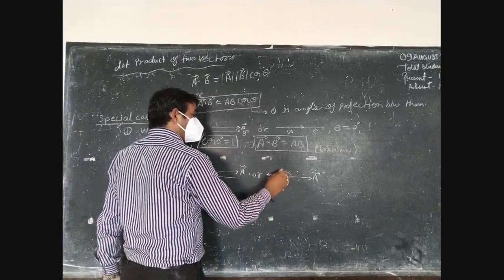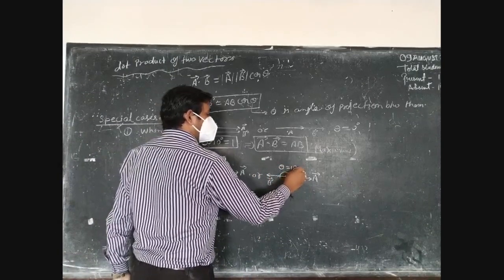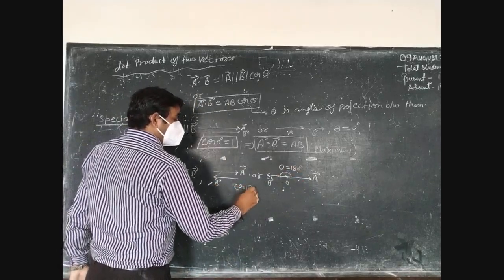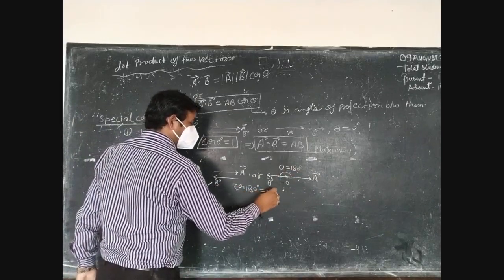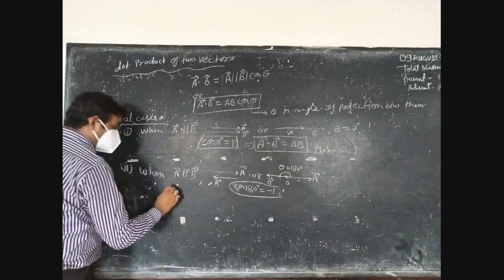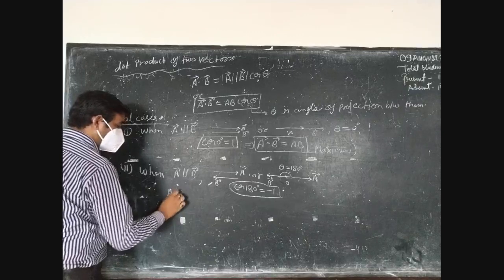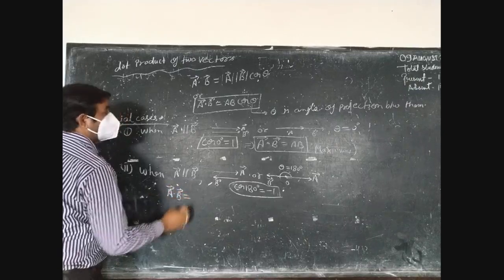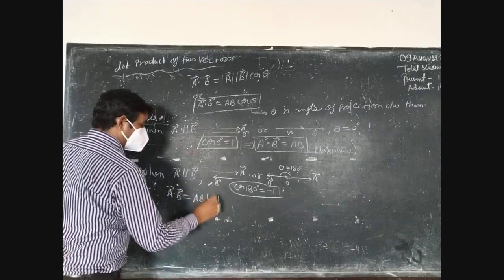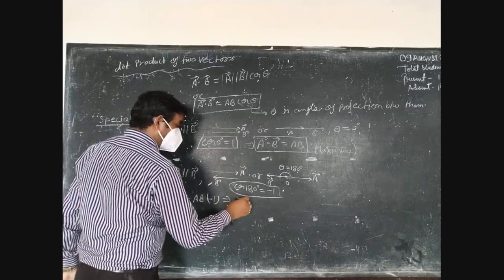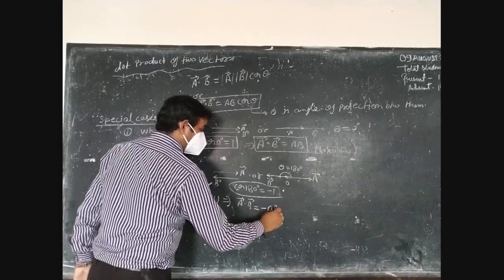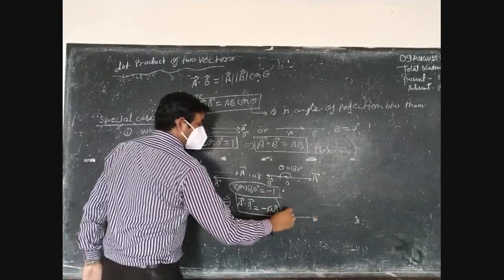Then they make an angle theta equal to 180 degrees, and cos 180 degrees is -1. Using this, we get vector A dot vector B is equal to minus AB. This value is minimum.